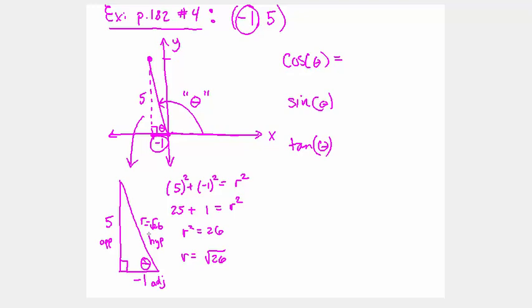So using those labels, let's go ahead and fill in our ratios. Cosine is adjacent over hypotenuse. Now that's going to be labeled as -1 over the square root of 26. And again, the fact that I've called this side -1, which is from the direction we went in the triangle on the axes originally, will account for the fact that really I've mislabeled theta on purpose.